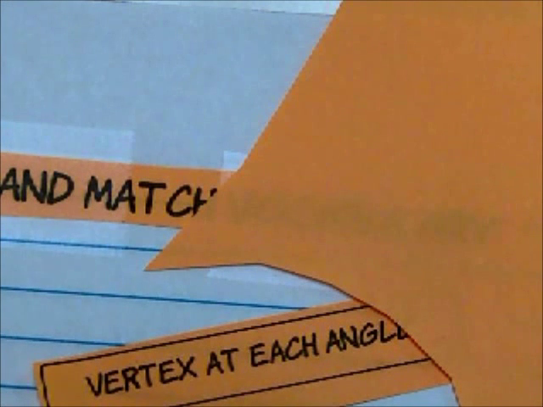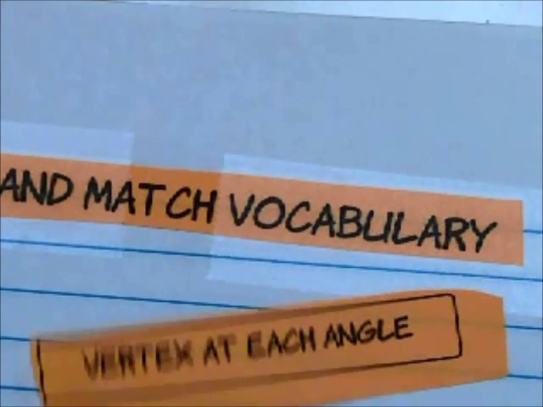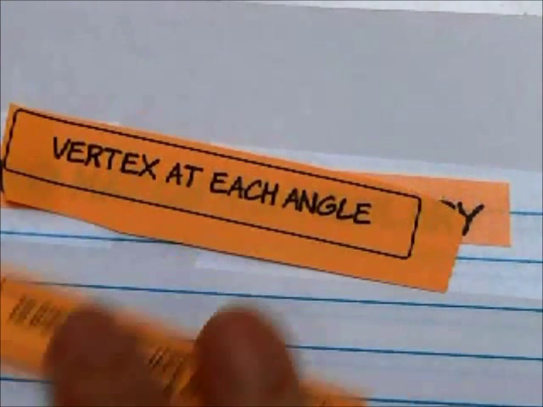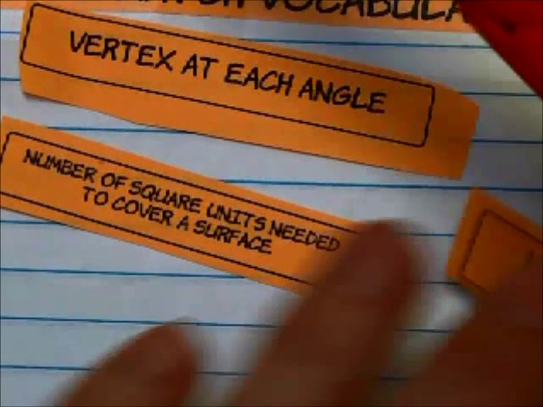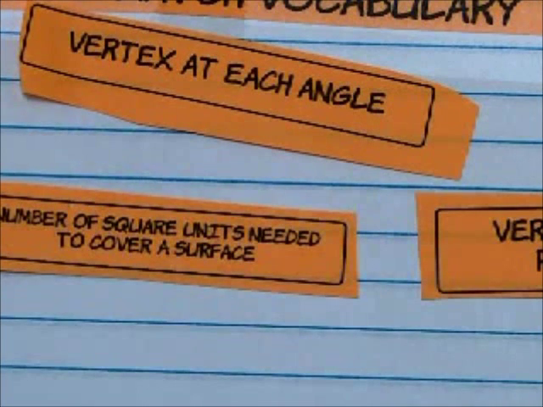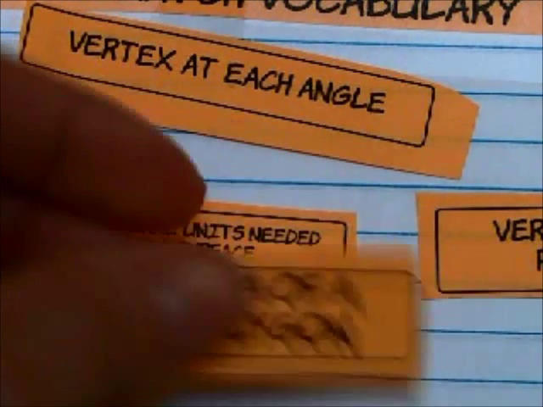And you have to figure out which are the definitions and which are the vocabulary, which are the words. So we're going to get all of these little pieces cut out. Just keep cutting until you got all of them cut out. And then what I want you to do is match them up. Once you've figured that out, then you can tape them down on this piece of paper or on your notes.